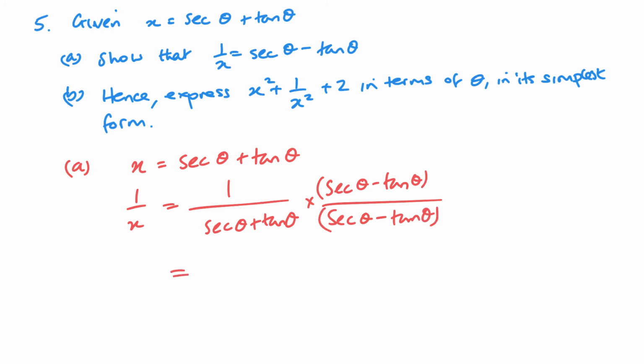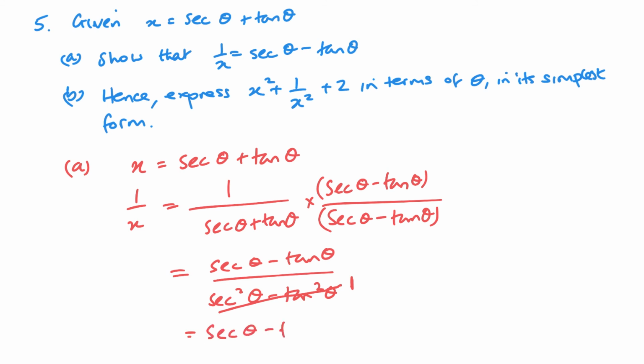Okay, that would then give me on the top sec theta minus tan theta, and on the bottom I would have sec squared theta minus tan squared theta. Now rearranging 1 plus tan squared theta equals sec squared theta, I can see that sec squared minus tan squared is going to be equal to 1. So this is equal to 1. So therefore this is equal to sec theta minus tan theta. And that's part A done.